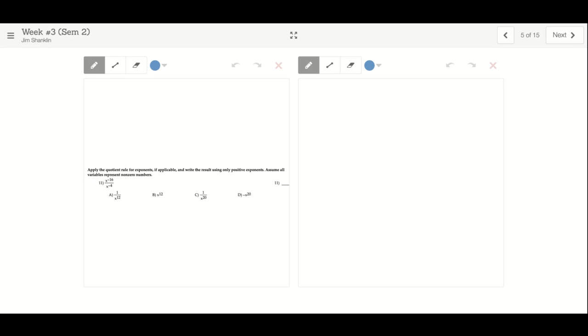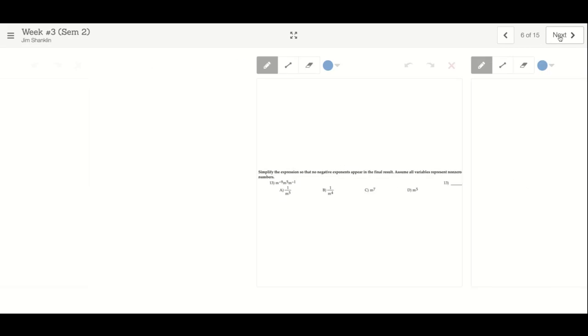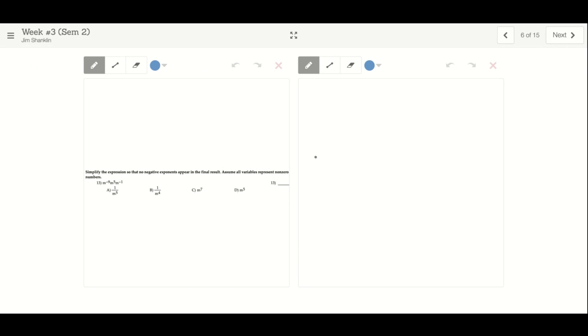All right, let's go to the next slide here, which is slide number 6. Again, it says simplify the expression, no negative exponents. All right, so what would your answer be here if there's no negative exponents in there?